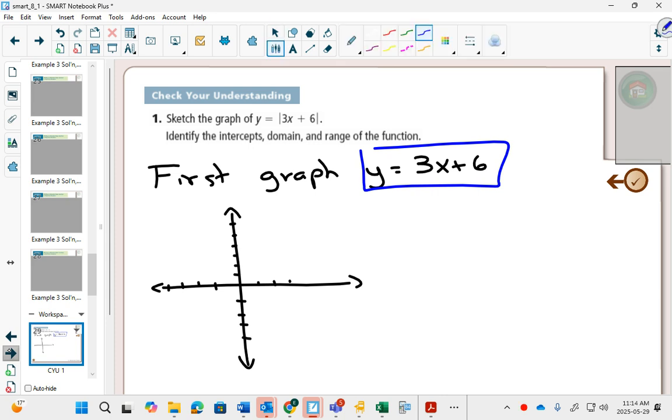So 3x plus 6 would have a y-intercept of 6 and a slope of 3, so I could go up 3 over 1, or I could go down 3 over 1, and down 3 over 1 again, down 3 over 1 again. There is y equals 3x plus 6. Very important to label that x-intercept. I can also label my y-intercept because they're going to ask for everything later.